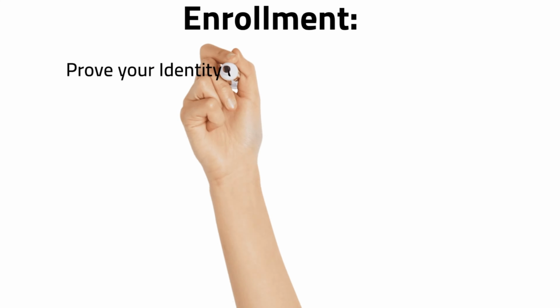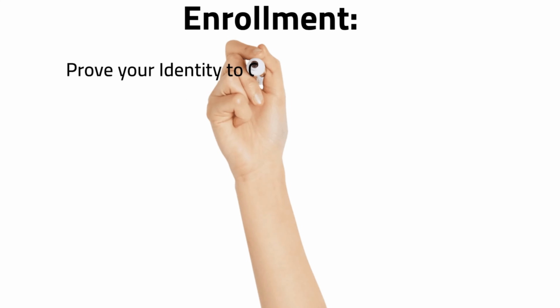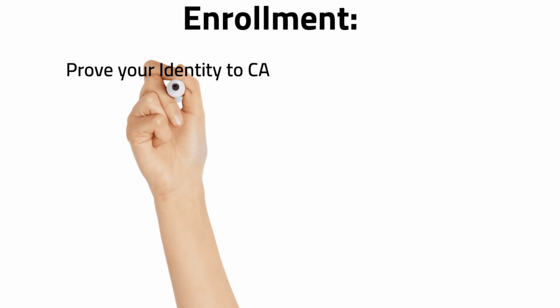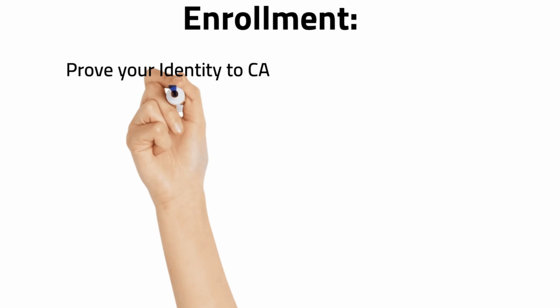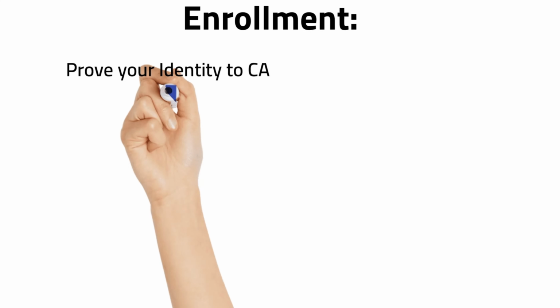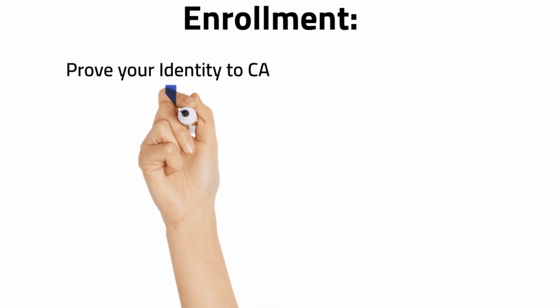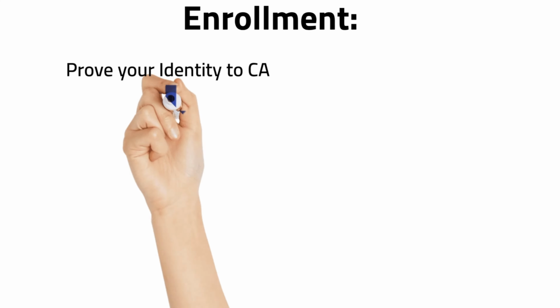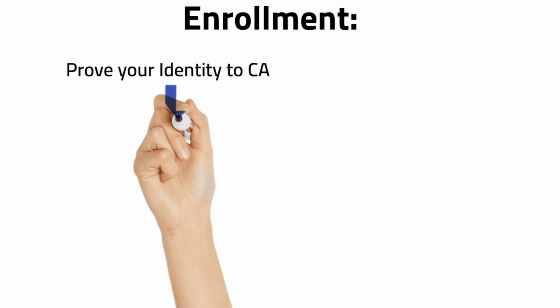Once they are satisfied with your identity, after receiving confirmation from the CA, you have to provide them a CSR. What is the CSR? Certificate signing request. It should include your public key plus the details of your information.